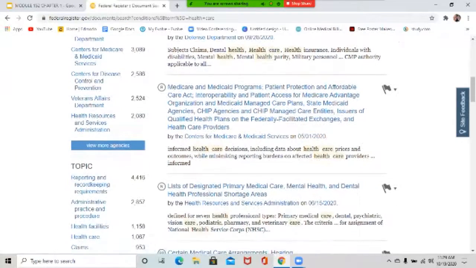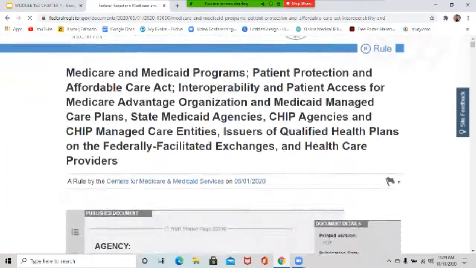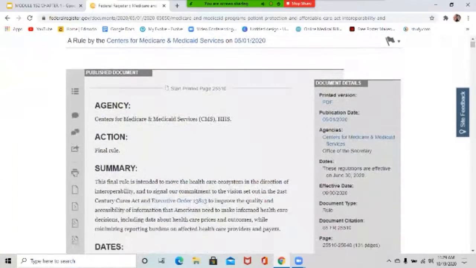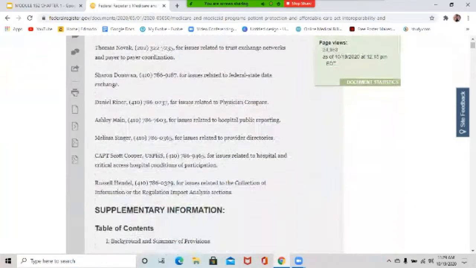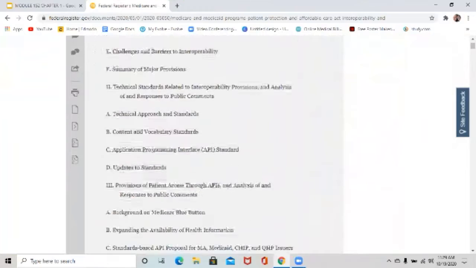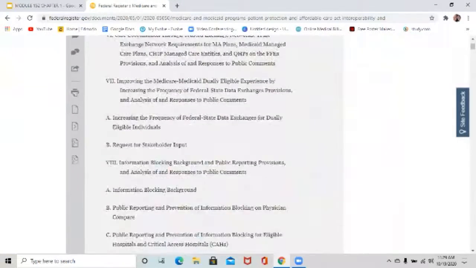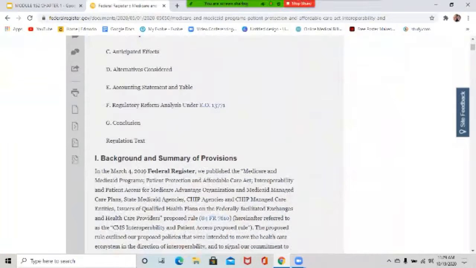And that was on 5/1/2020, they updated something. So if you clicked on that, you could go in and read everything that's changed, any updates, specific things, background and summary provisions.